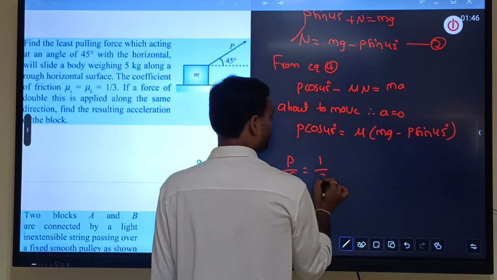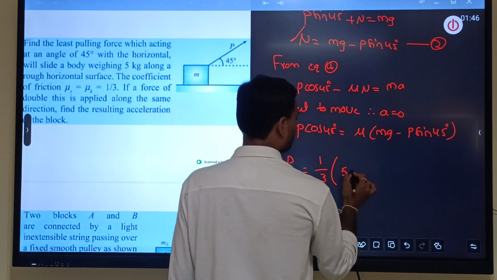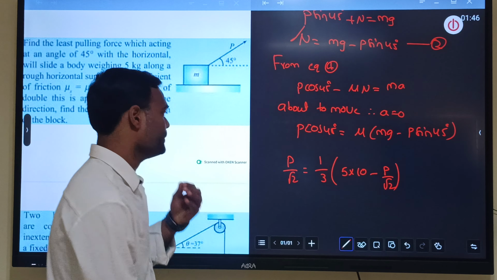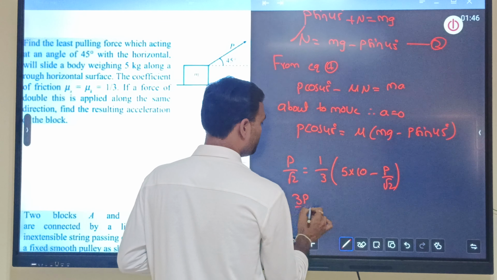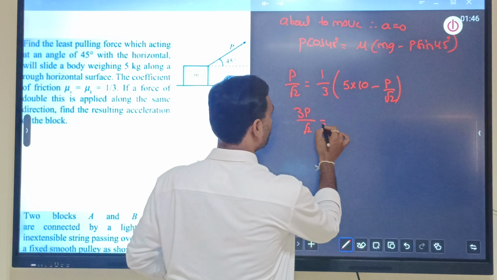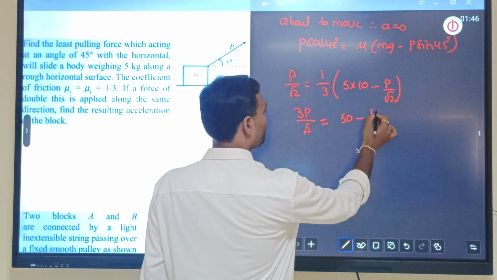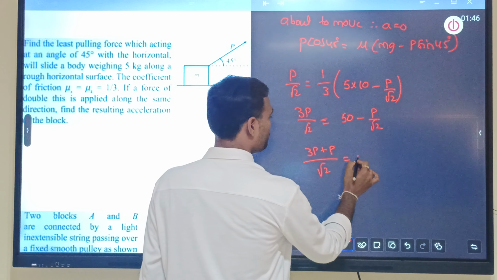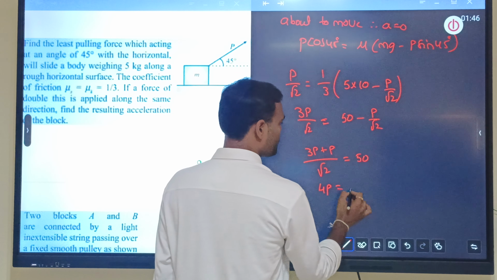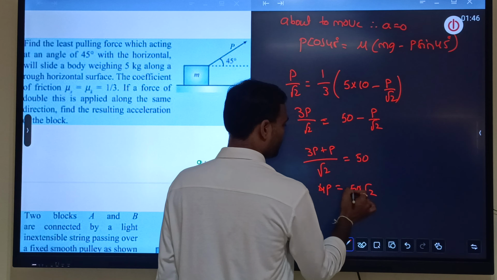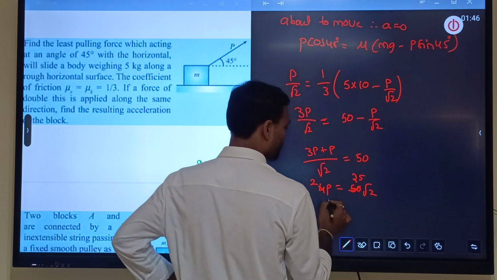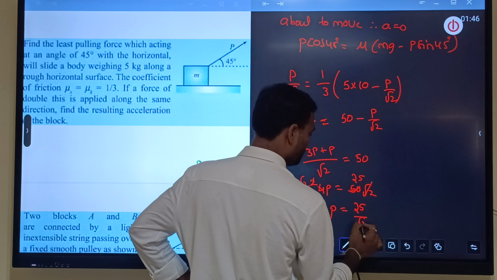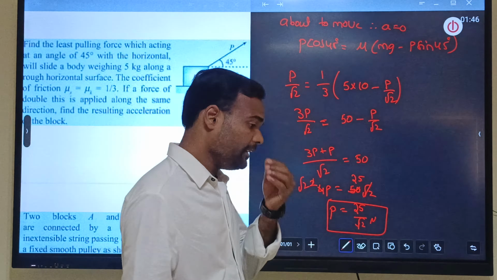Mu is given as 1 by 3, m is 5, g is 10, so 3p by root 2 plus p by root 2 is equal to 50. Then 4p is equal to 50 root 2, so p is equal to 25 by root 2 newtons. This is the p value.